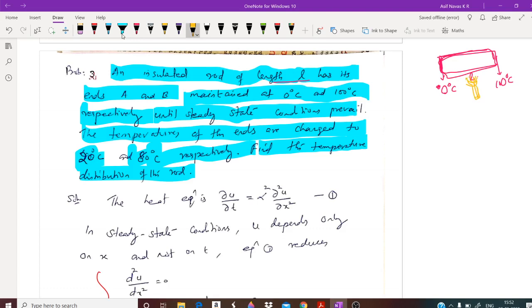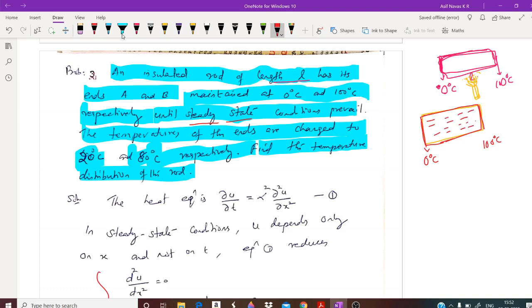After that, we allow heat to flow through the rod. For some time there is a steady state condition, that means one endpoint is at 0 degrees Celsius and the other at 100 degrees Celsius, and heat is allowed to flow through the rod.